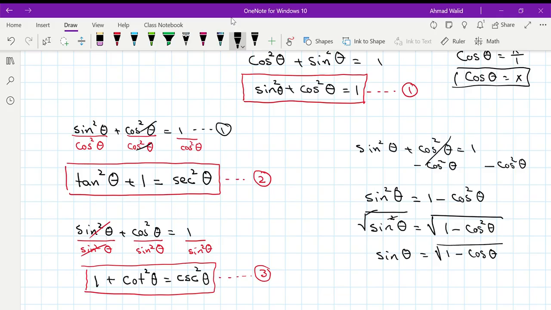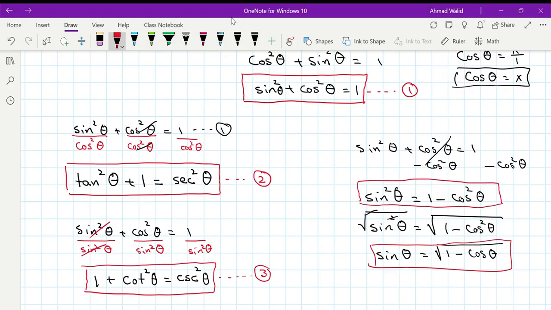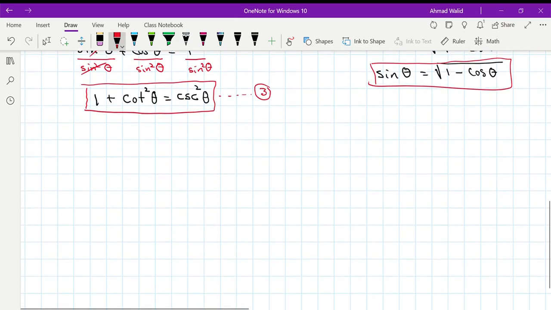I will put both of them in a red box, or maybe in this format. Which one we can use? We will use one of them. It's also a Pythagorean identity. Same equation, sine squared theta plus cosine squared theta equals 1.